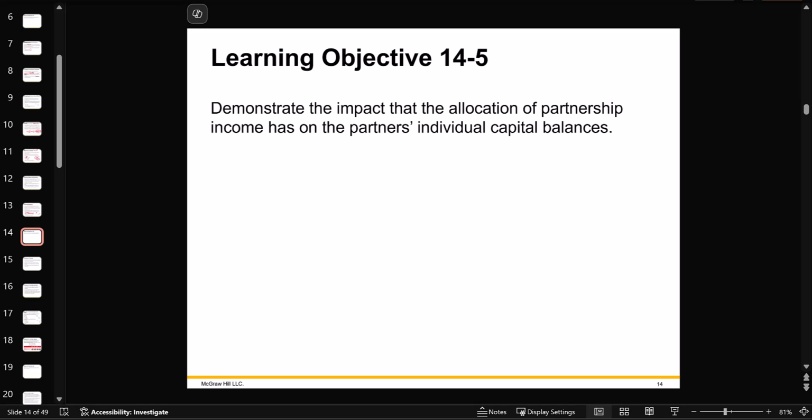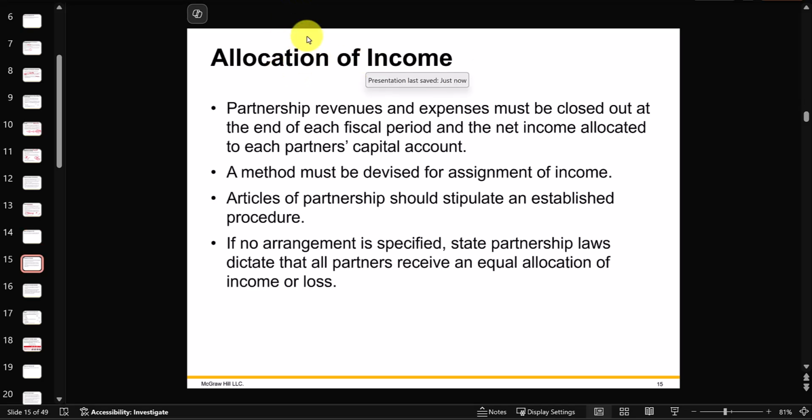But you've got to make sure everyone has a clear understanding and not just make things up as they go along. Also keep in mind when we're allocating income and losses among the partners, this is not the same thing as paying the partners. Again, that's drawings that we had previously covered.